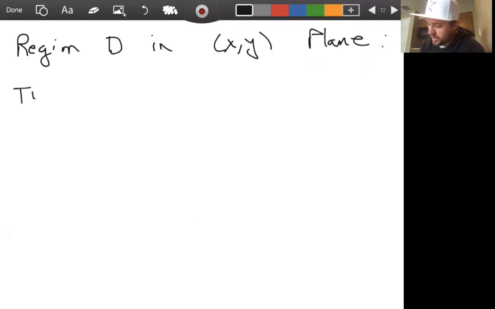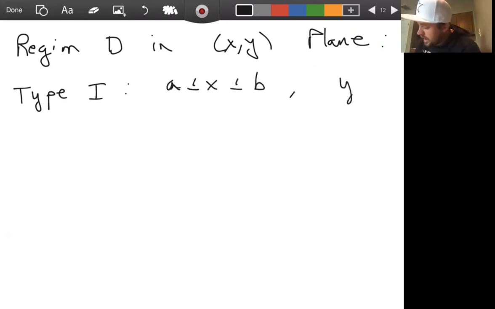Remember, a type 1 region was x is between a and b, and then y is bounded by functions of x, like g1 of x, g2 of x, right?